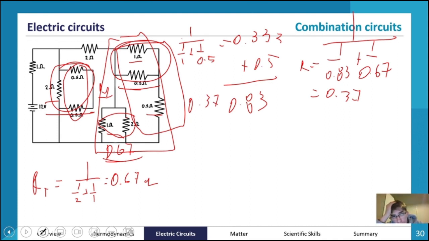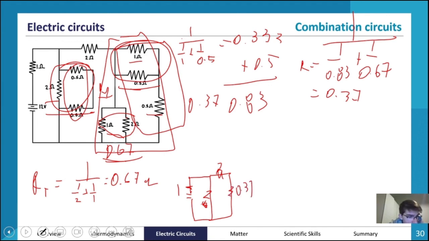Now, as it simplifies to 0.37, you can redraw the entire thing, and it's going to be significantly more simple than it was before, where you have 1 ohm here, 0.67 here, 2 ohms here, and 0.33 here, 0.37 here. So 0.37 and 2, it's obviously 2.37. 2.37 parallel with that 0.67 there.